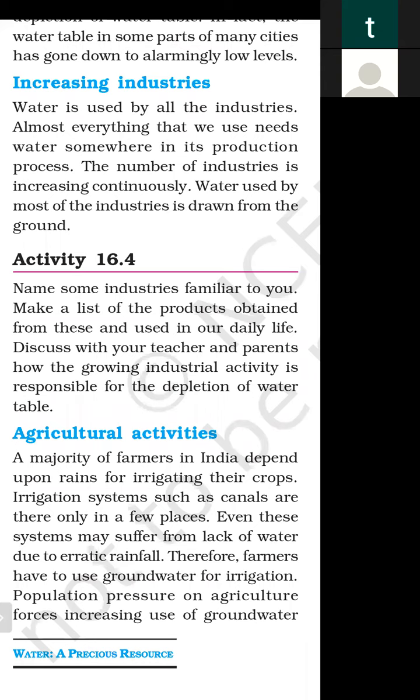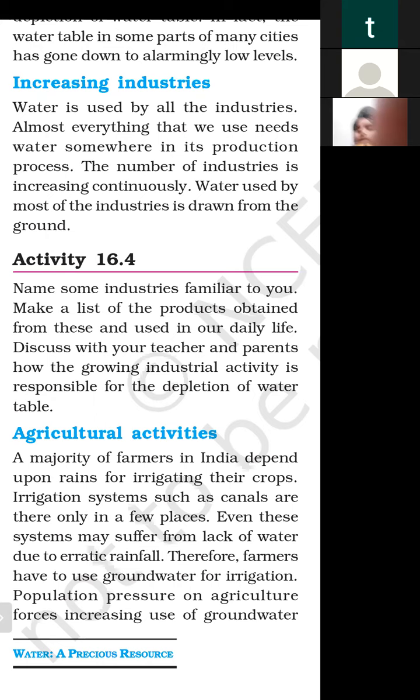When water is given to the fields, we call it irrigation. Irrigation systems such as canals are there only in a few places. Even these systems may suffer from lack of water due to erratic rainfall. Less rainfall means not sufficient water is available in canals. Therefore, farmers have to use groundwater for irrigation.